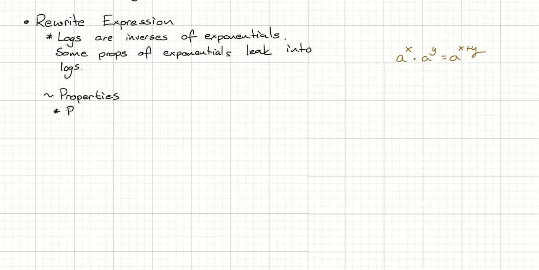Okay, first off, we have the product property. Now, there's some stuff that I'm just going to put here. We're going to say that u and v are just positive values. We don't have to write it down because it wouldn't work if they weren't. I'm going to use u and v here in just a second. If I wanted to take the log, and u is multiplying by v in here, this is similar.